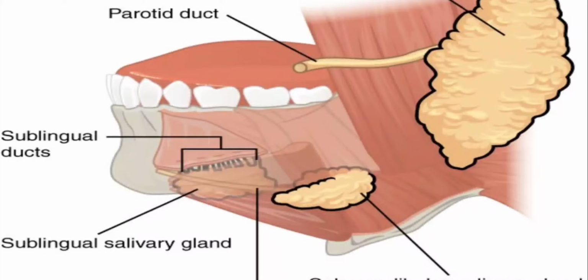So let's study the whole process of digestion, how it takes place. When food enters into our body, the teeth break the food down and make it into smaller particles. This is called mechanical digestion, as the food is broken into smaller particles by the action of the teeth.